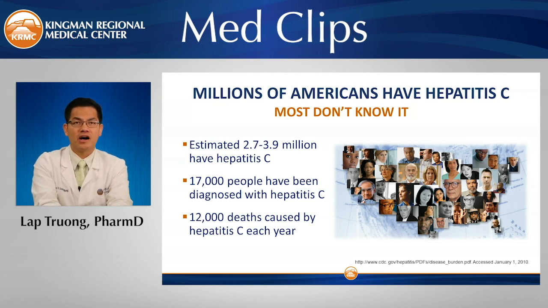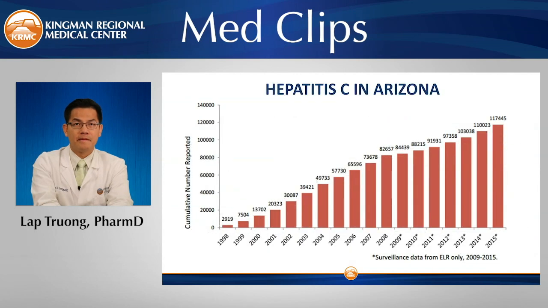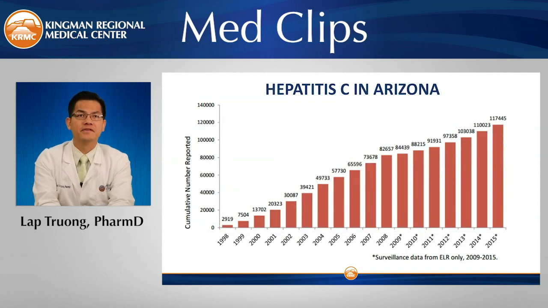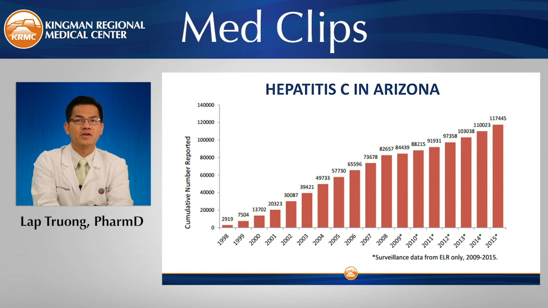Now I will focus on the state specific, which is Arizona. On this graph, the x-axis, or the horizontal bar, shows the years, and the number of people infected with hepatitis C. Starting from 2009 to 2015, you see an asterisk right above the year.